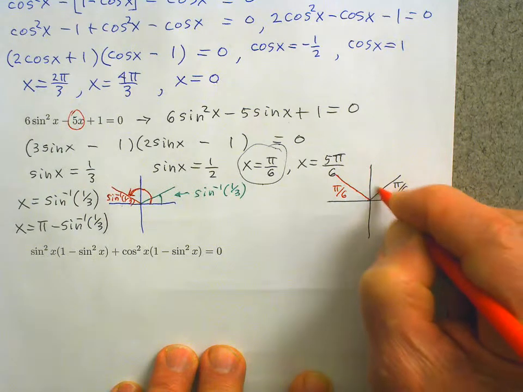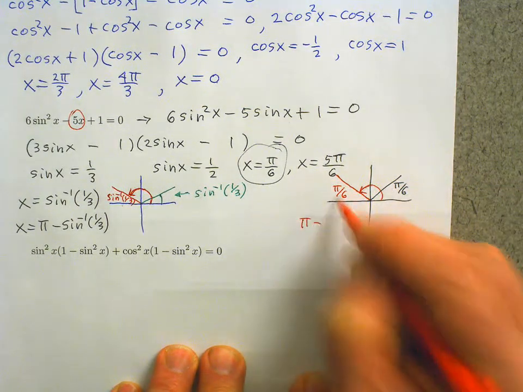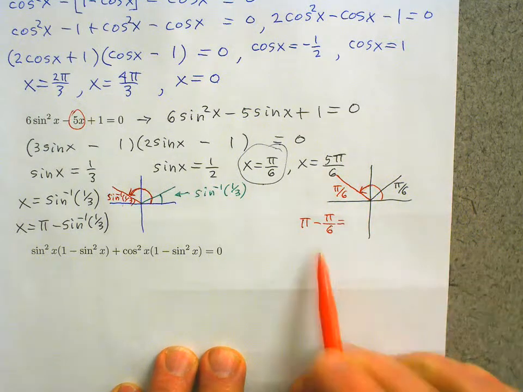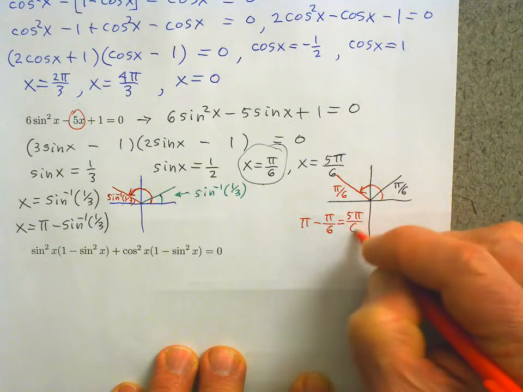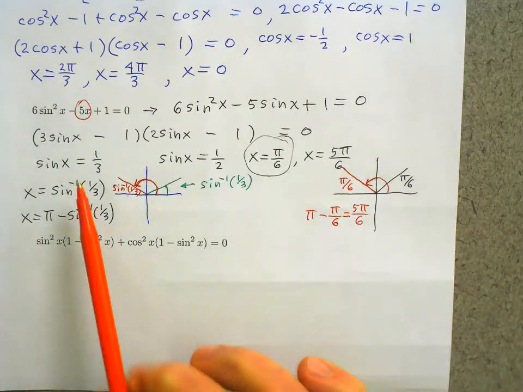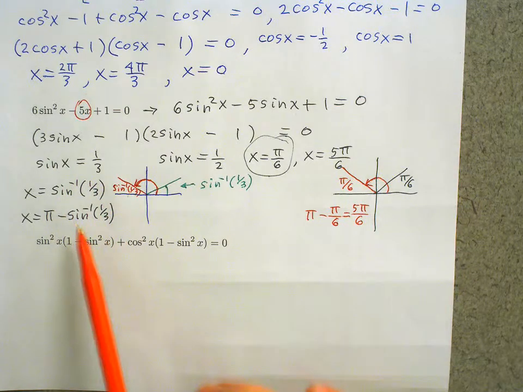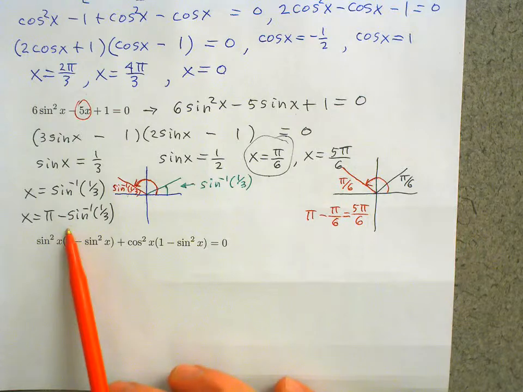And so this angle is pi minus the reference angle, pi over 6, which we already know is 5 pi over 6. So in a case like this, where a special angle is not involved, you can use more elementary things that you know about to help you determine how to write the other solution.